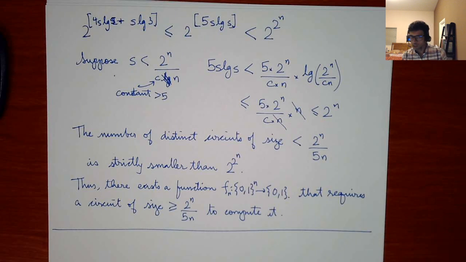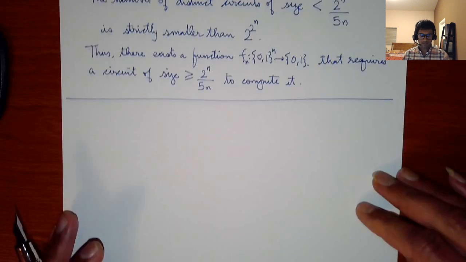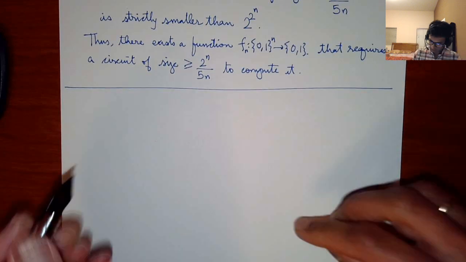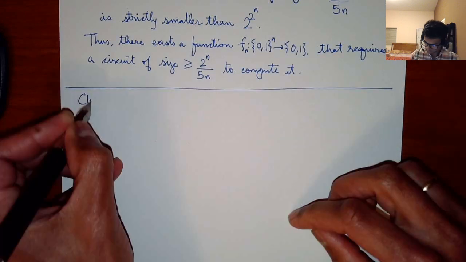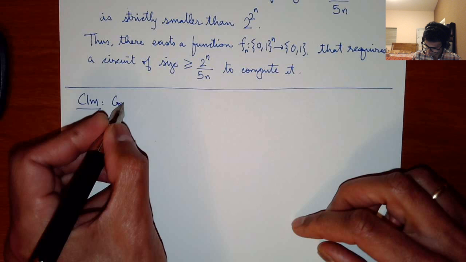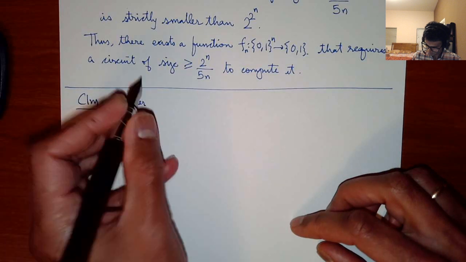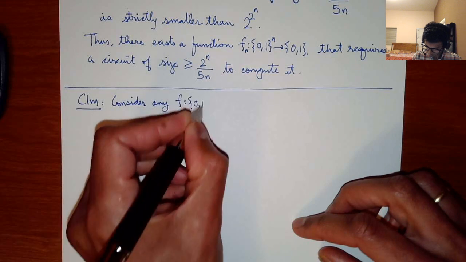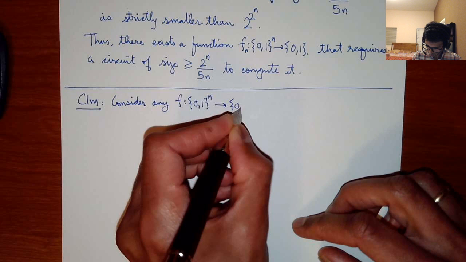All right. Now let's go to the second part. Now, the second part is actually harder. So I'm going to start with a simpler claim, and this is something that is not very hard to prove. You wouldn't be surprised to see this. Consider any function f on n bits.